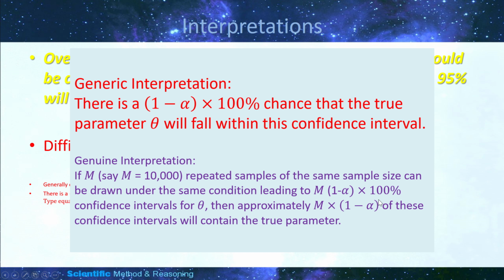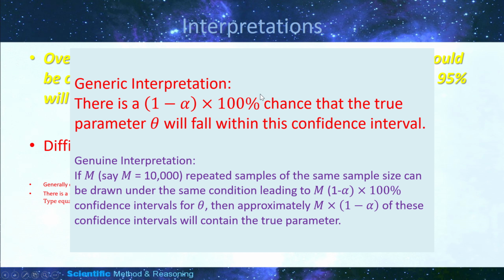And out of these 10,000 confidence intervals, 1 minus alpha times 100% of them will contain the true parameter theta.